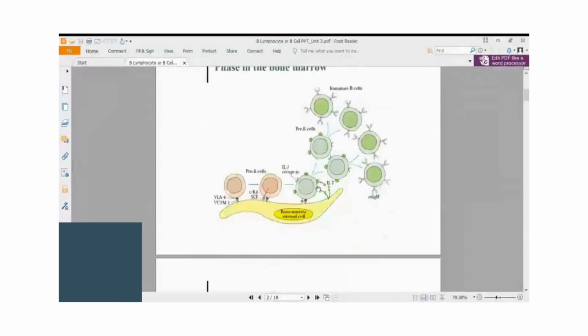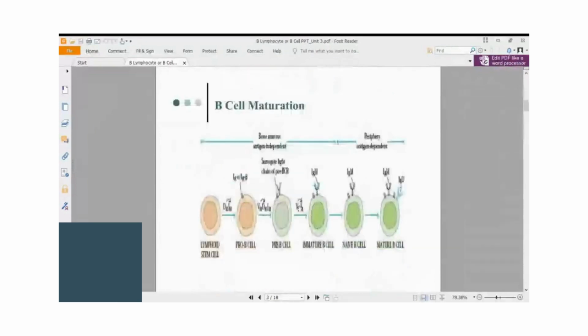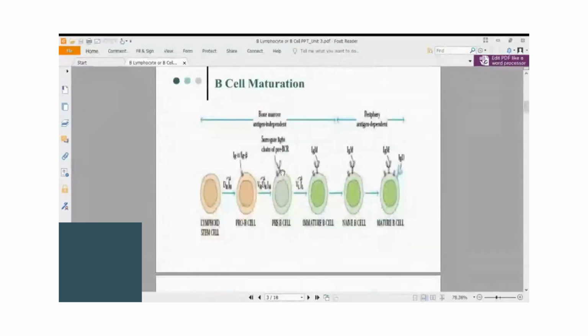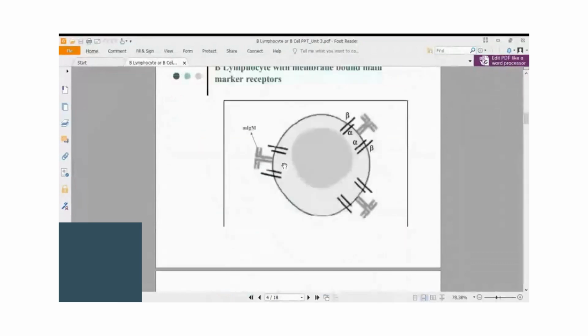To start with, first it will express the heavy chain of the receptor, then the light chain of the receptor. Before that, the pre-B cell also expresses two more receptors, Ig alpha and Ig beta.